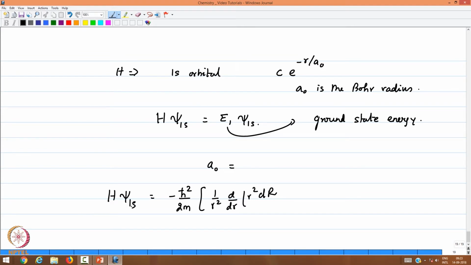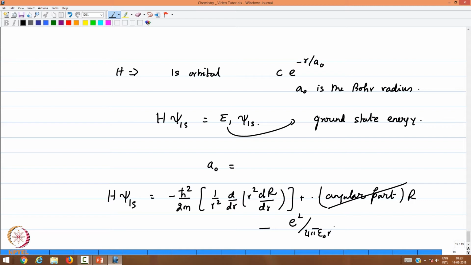The other is the angular part, which acting on the radial function gives you 0. Therefore, we do not need that component, but then the potential energy expression is minus e square by 4 pi epsilon naught r times the radial function. This is what we have to show as E1 times psi 1s, psi 1s being the radial function here.